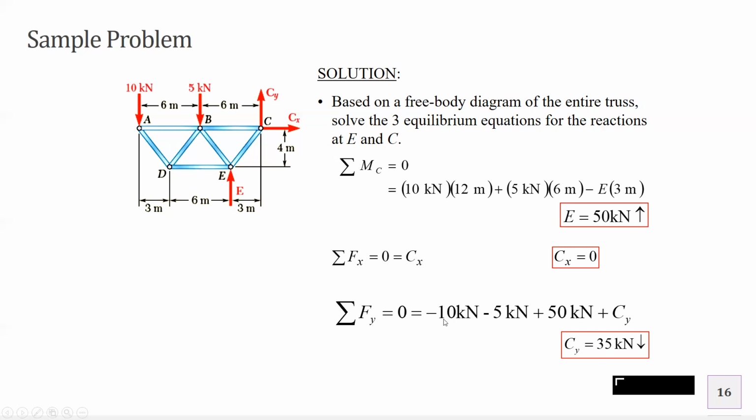So we take negative 10 plus negative 5 plus 50, and that comes out as a negative 35 kilonewtons. And so that's our down direction. That negative denotes that this arrow should be flipped. That's actually pushing down. So all the force downward is actually being supported by the roller here. And in fact, even this one is actually pushing down on it.